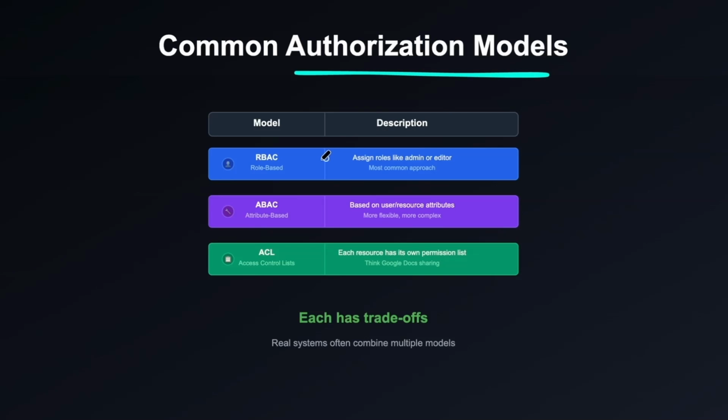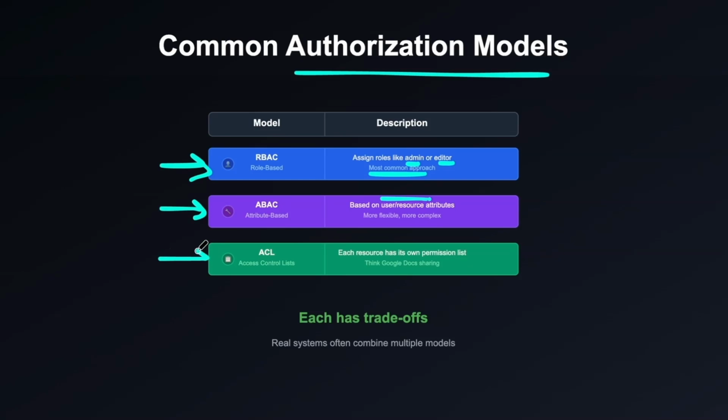The one that we just looked at is the role-based access control model, which assigns roles to users, something like admin, editor, or read-only access, write-only access. And this is the most common approach among these authorization models. But we also have attribute-based access control, which is based on the user or resource attributes. So this is more flexible and more complex compared to role-based access control.